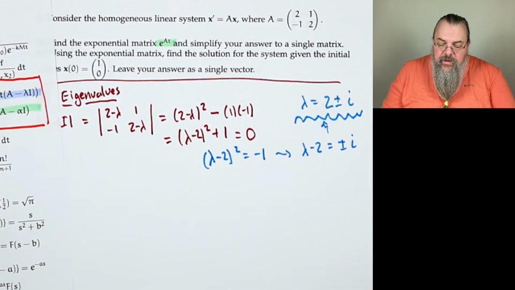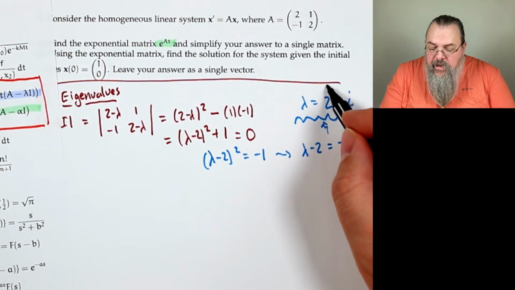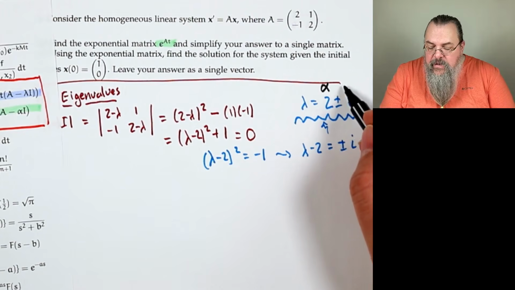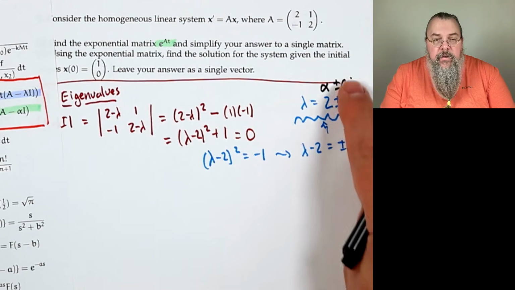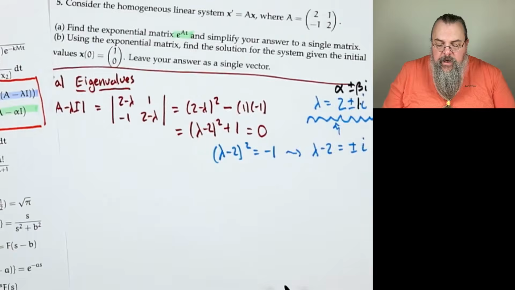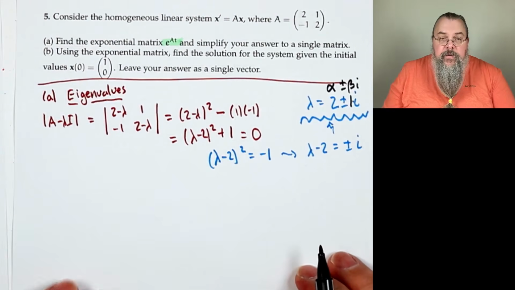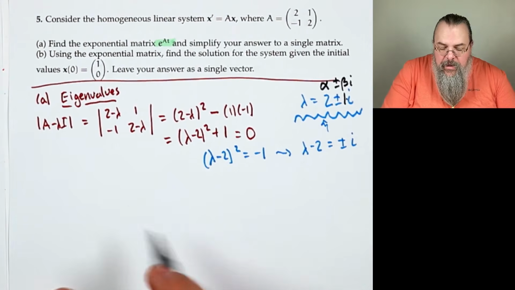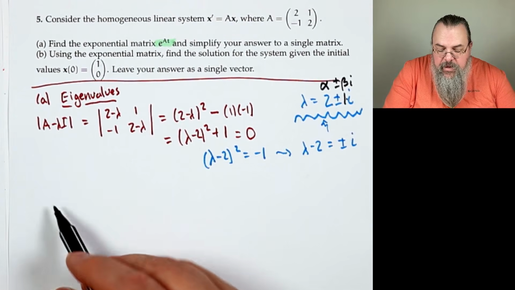All right, so this 2 plus minus i, the 2 is the alpha, and the beta is 1. So you can think of this as 1 times i. Now, what do we have? I'm going to copy the formula. Sorry, my screen is a little bit small, but I promise you I am copying the formula down.